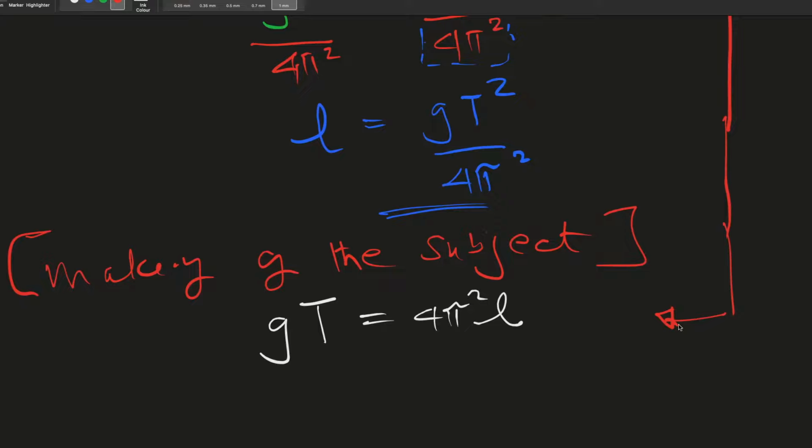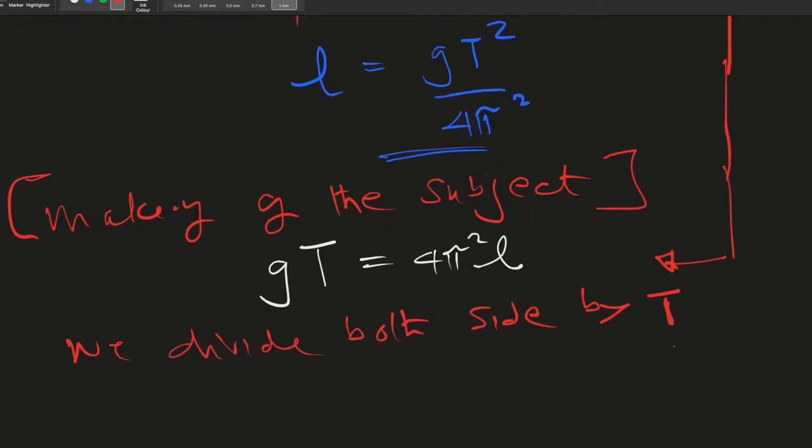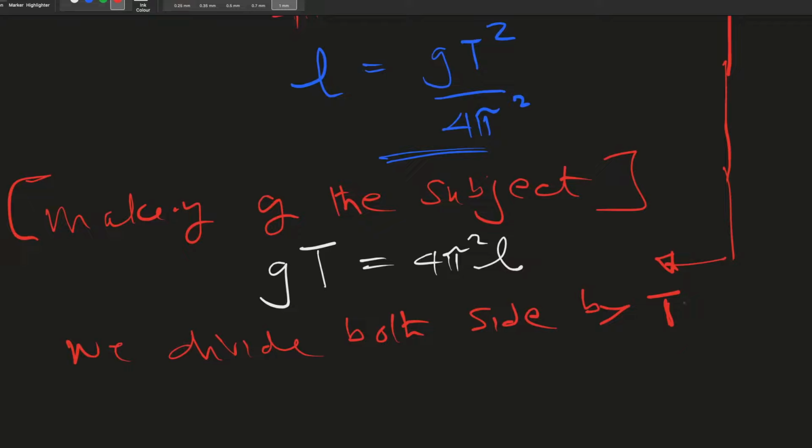Okay, then if that is the case, making G the subject, we divide both sides by T, the period. So the equation GT equals 4 pi squared L, what do we do?